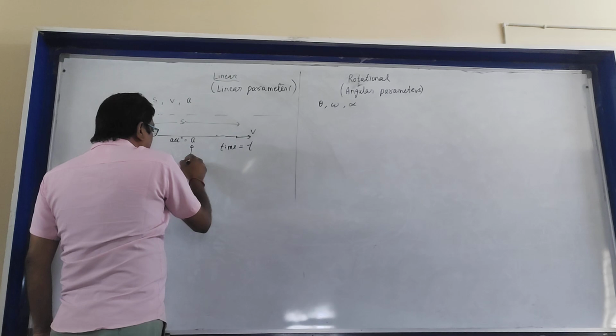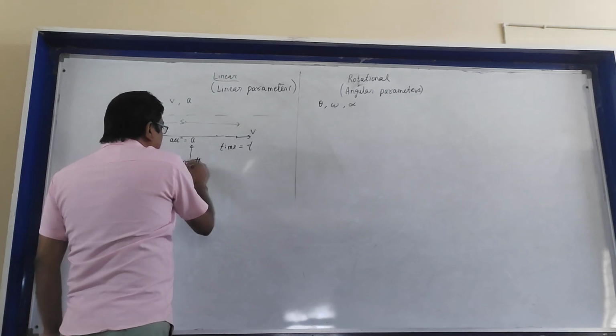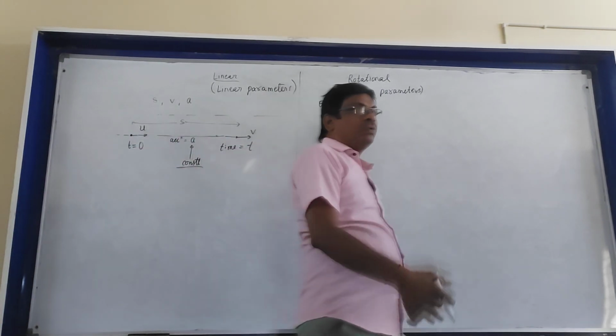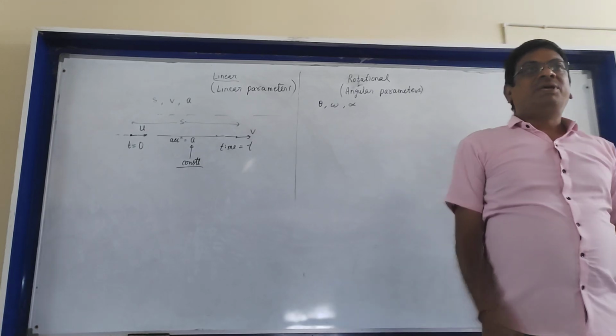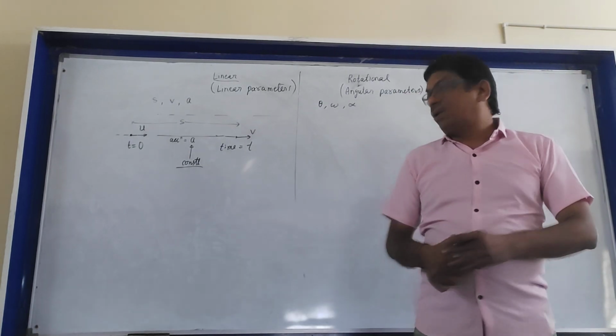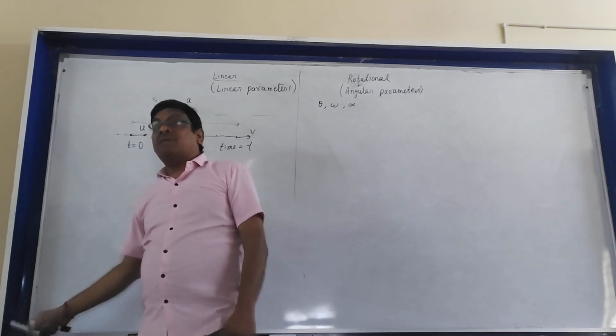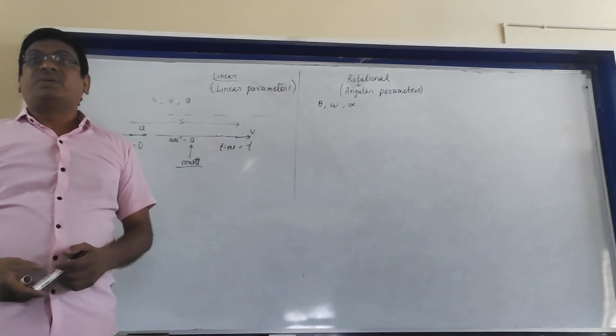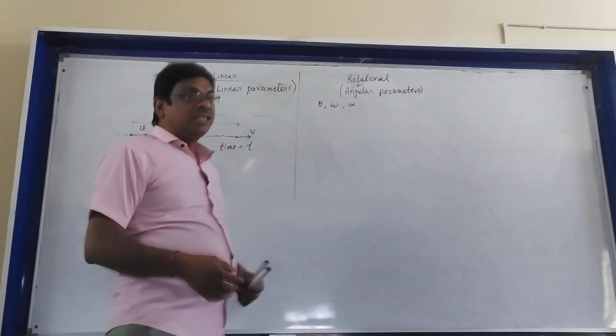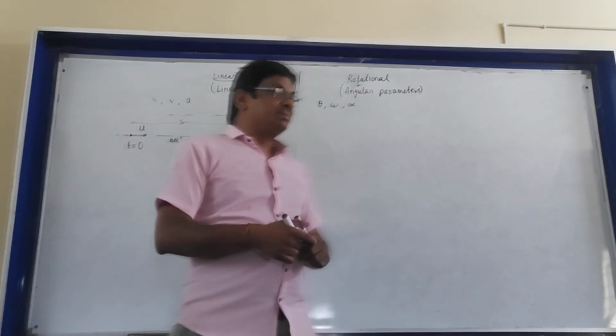Very important: the linear acceleration must be constant. Do you agree? Because we are about to apply equations of motion, v equal to u plus at, etc. They are all valid only when acceleration is constant. If variable acceleration, you have to integrate. Differentiation and integration are required for variability.